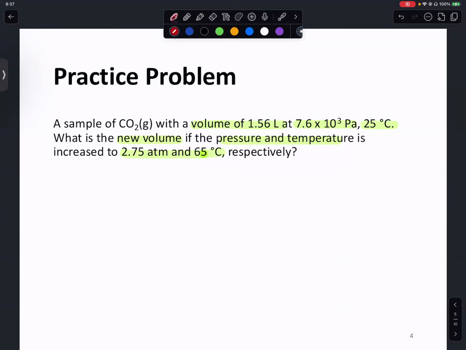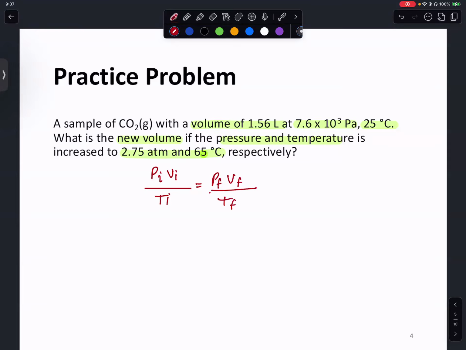So we're working with an initial pressure, initial volume, and initial temperature, according to the combined gas law. I'm going to assume that the number of moles of the gas remains constant. So in this case, I can say that P initial V initial over T initial equals P final V final over T final.